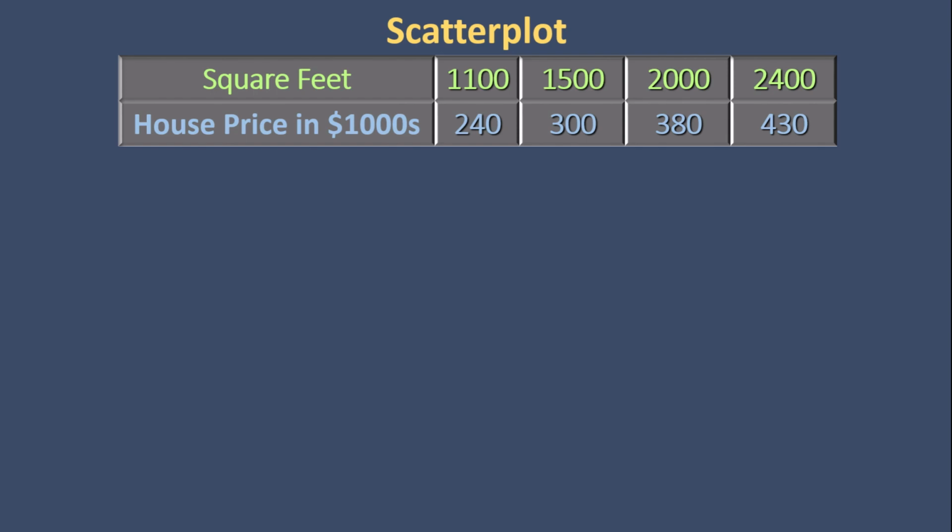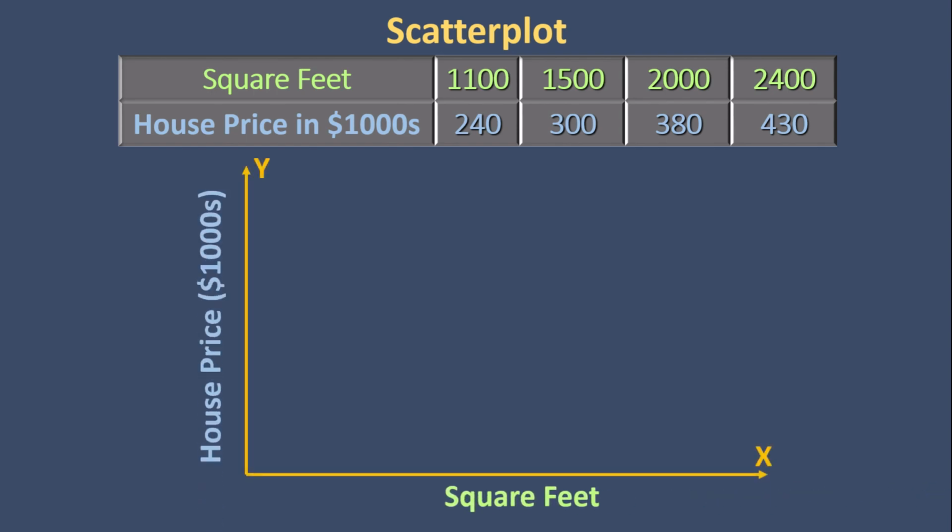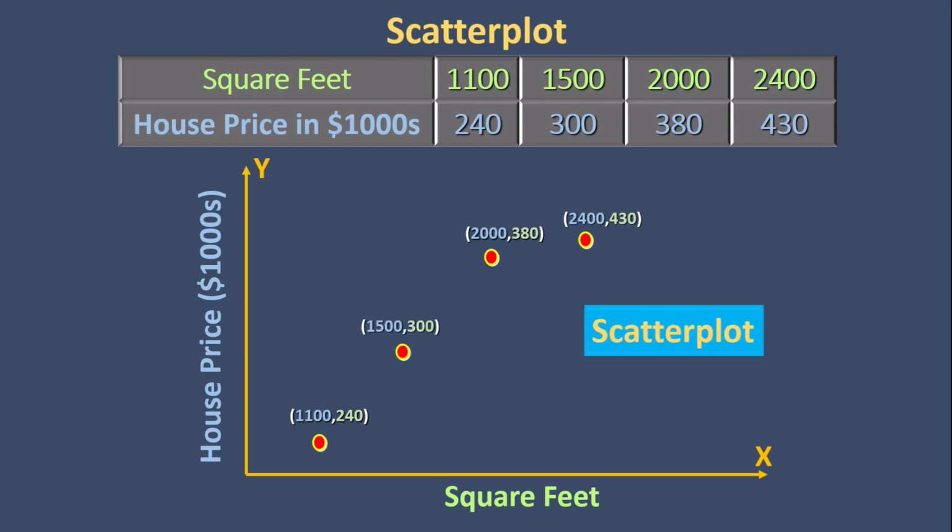Therefore, house price is the dependent variable, that is the y variable, and the square feet is the x variable. So we can draw the scatter plot for this example using this x and y variable. So this is the scatter plot for this example.